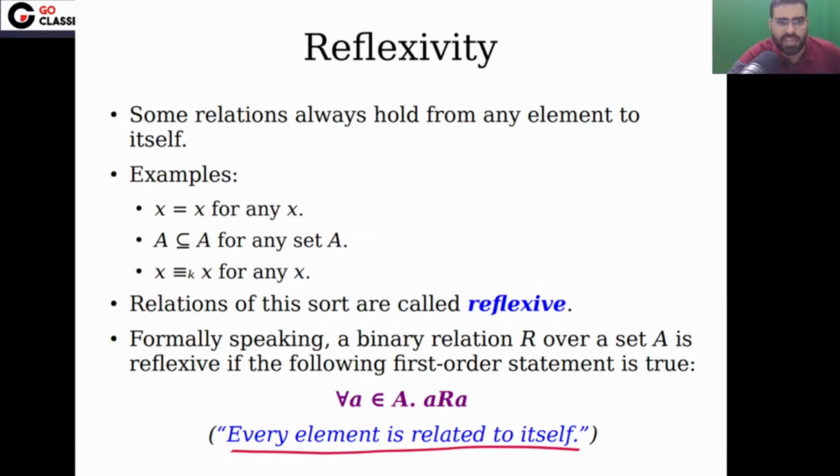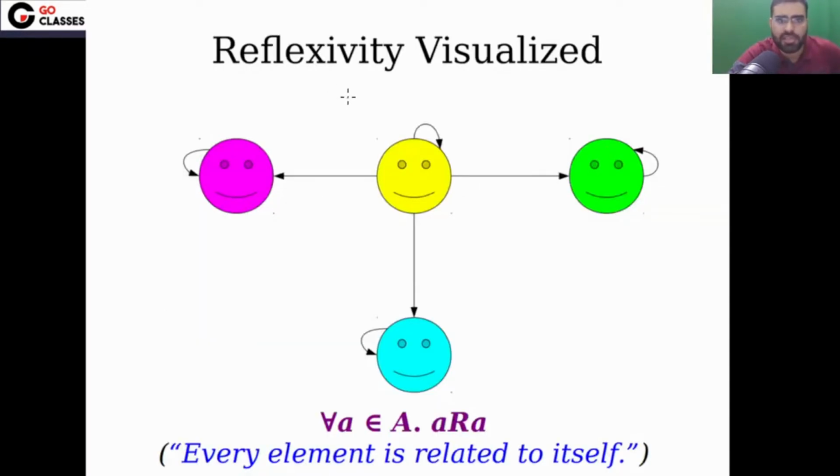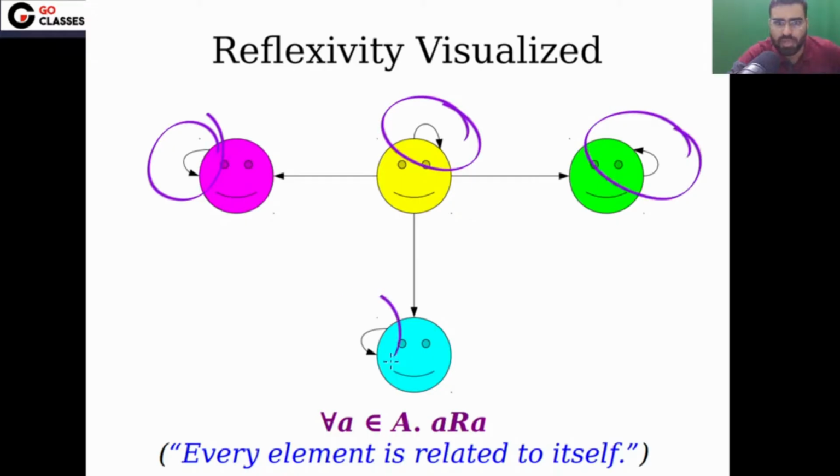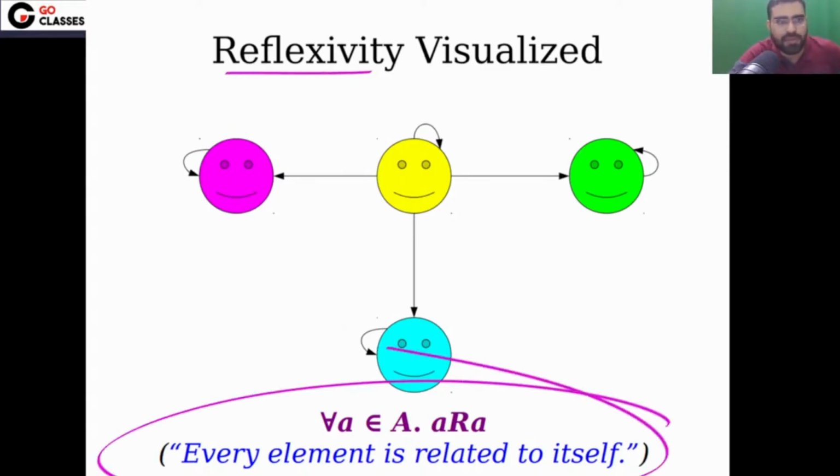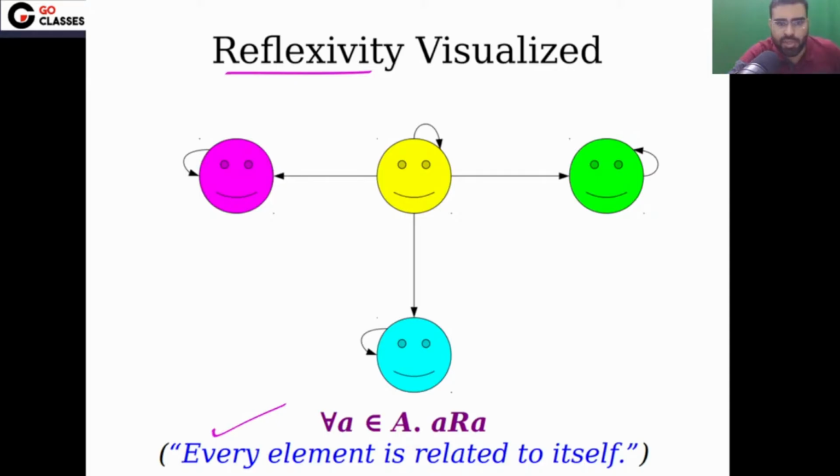So all these relations are reflexive because every element is related to itself. Here you can notice the self loops. These self loops tell you that every element is related to itself, so this is a reflexive relation.